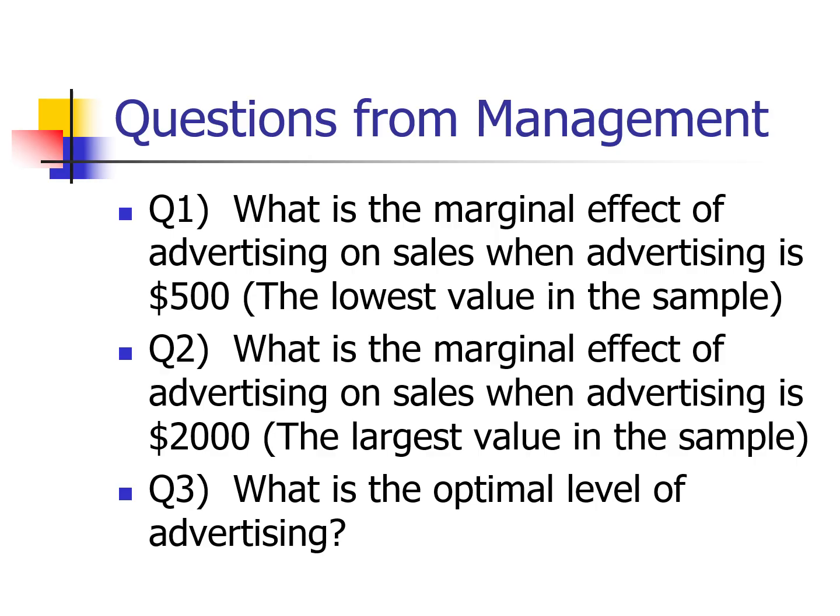If in fact we have diminishing returns, then what is the marginal effect of advertising on sales when advertising is 500? That's the lowest value in our sample, so maybe that's the lowest we might consider doing. What's the marginal effect of advertising when advertising is 2,000? That's the largest value, so maybe that's the largest number we would consider.